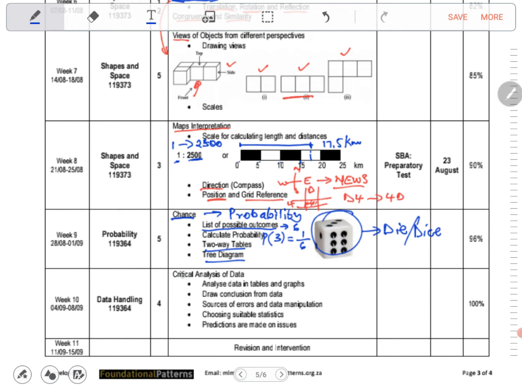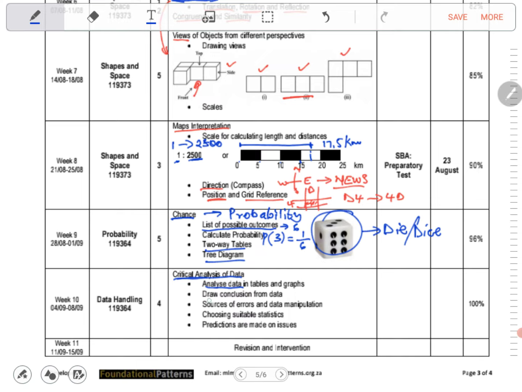And then finally on this page we have to deal with critically analyzing data. We analyze data from tables. So when we get a graph, we have to read the graph or the table and understand what it means and how it helps us to make decisions.